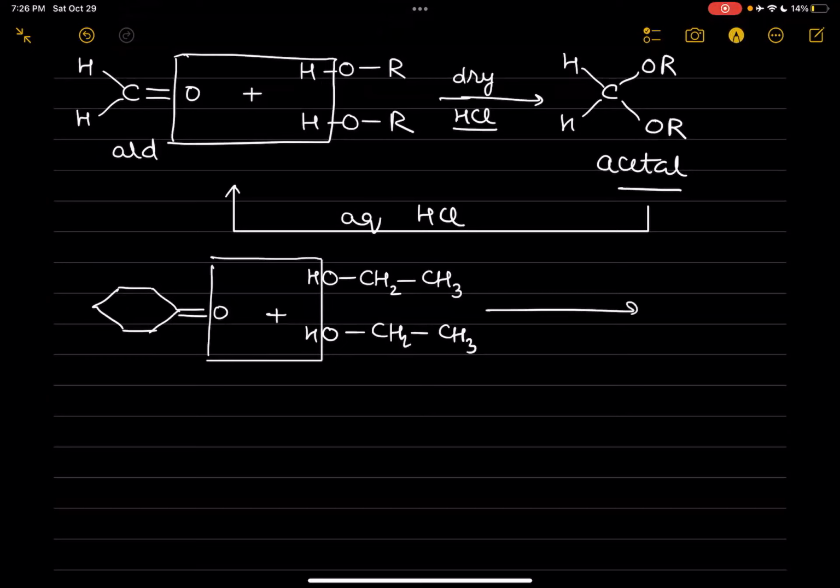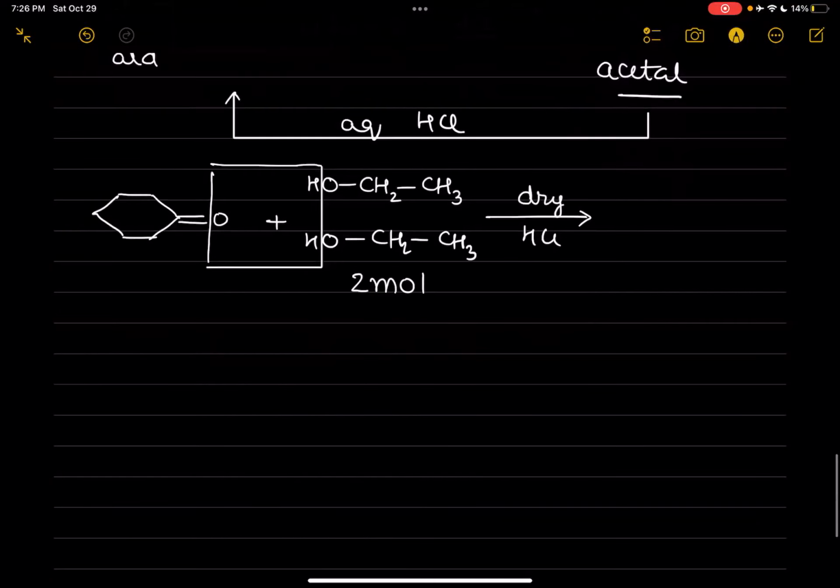So if you are going to take dry HCl, what you are going to do? Remove the water. Okay. And if you take 1 mole, then it is hemiketal. There will be one OH. I will write here 2 moles. And with 1 mole of ethanol, what you are going to get?